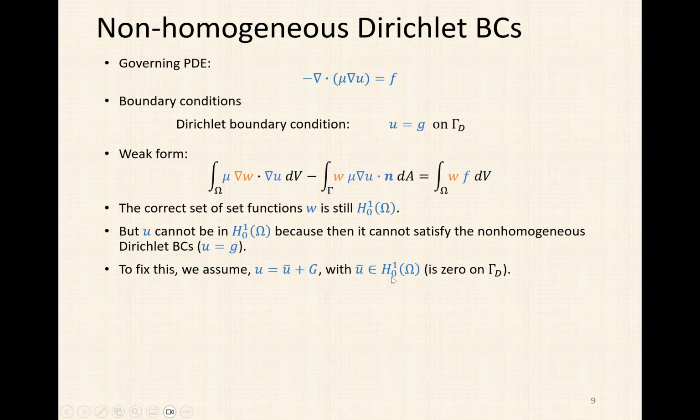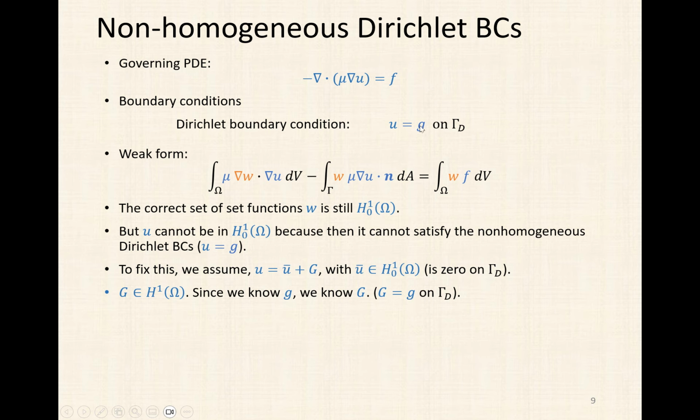That is, u bar is in the H10 space, that is, u bar is 0 on the Dirichlet boundary. And to u bar, we add G. G is again a function in the H1 space, and G satisfies this condition: capital G equal to small g on the Dirichlet boundary.